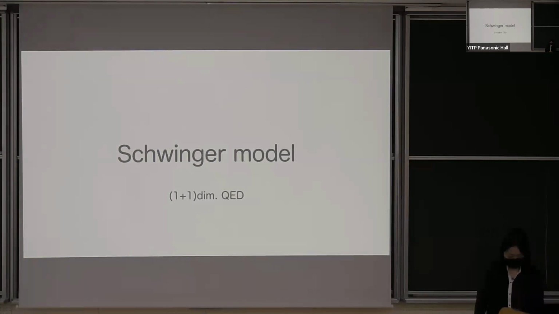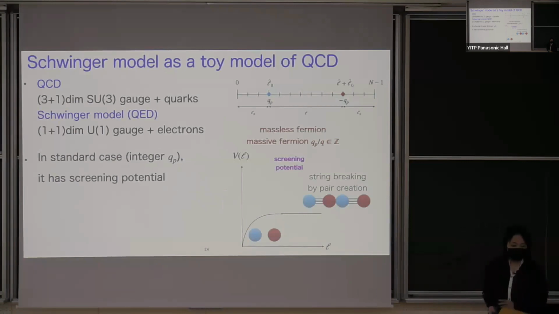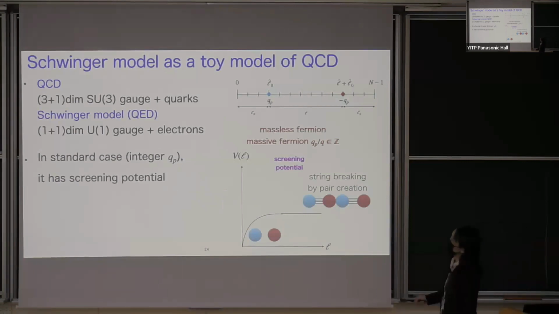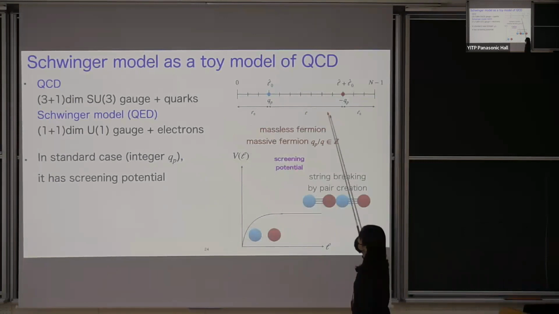Okay. So now let's move on to the specific model, the so-called Schwinger model. This is actually 1+1 dimensional quantum electrodynamics. Here I'd like to explain that the Schwinger model is a very good toy model of QCD.